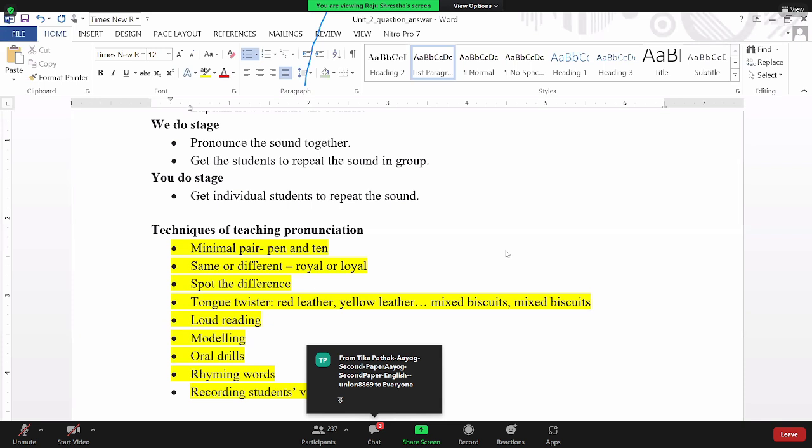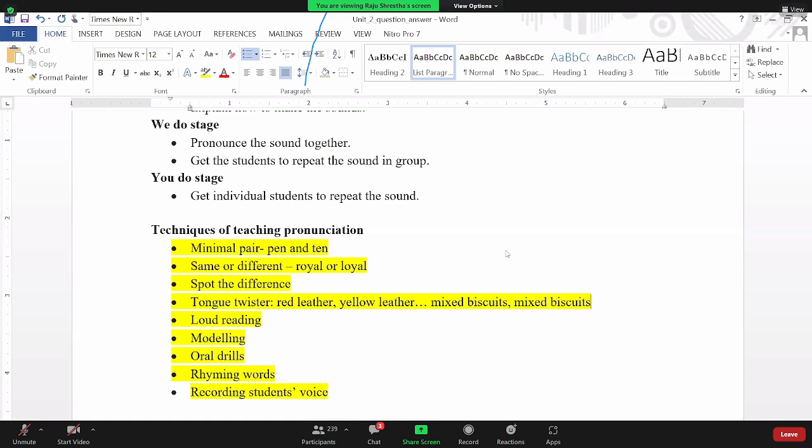Our tongue will realize, or experience a kind of twisting somewhere while pronouncing. So this is what a tongue twister is. First we have to read slowly. Then we increase the volume.